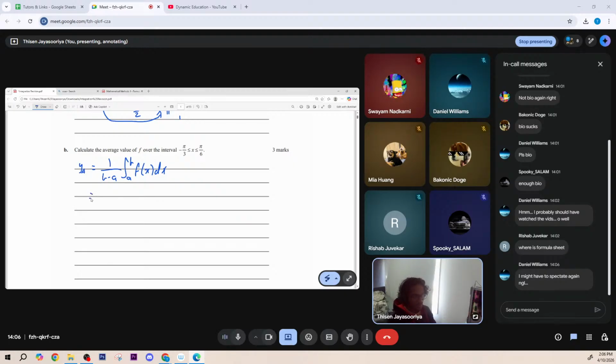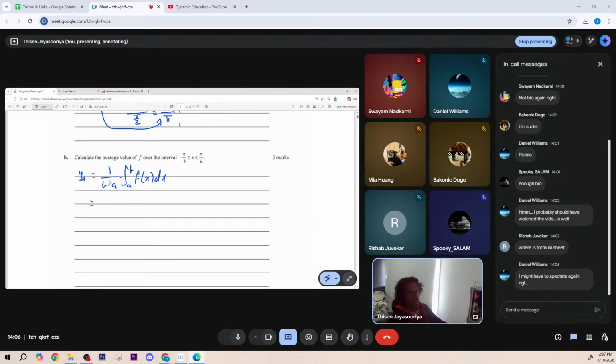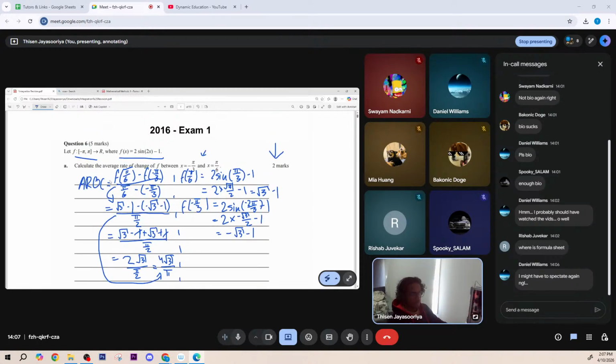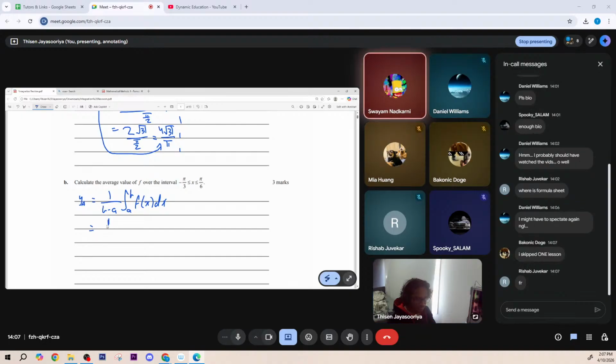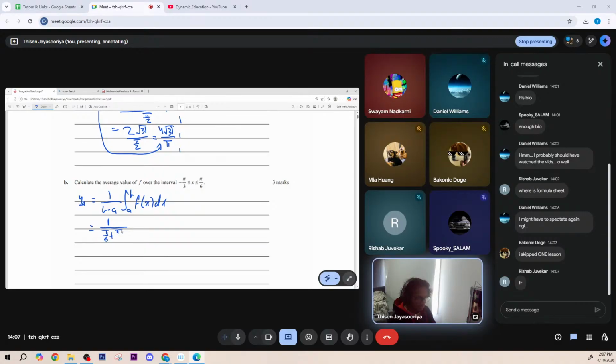So here, what is going to be your a and b for this? Negative pi over 6 and pi over 3. So one over pi over 6 plus pi over 3, integral from negative pi over 6 to pi over 3.